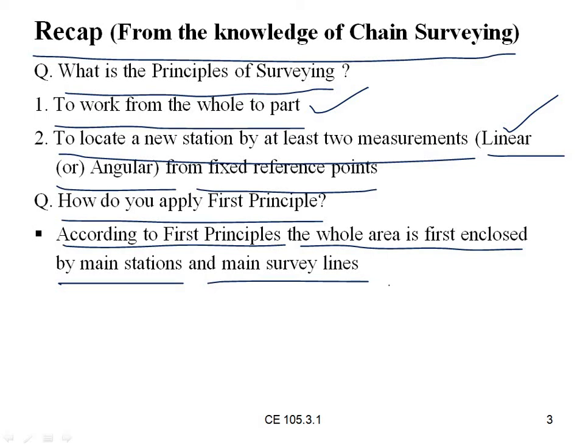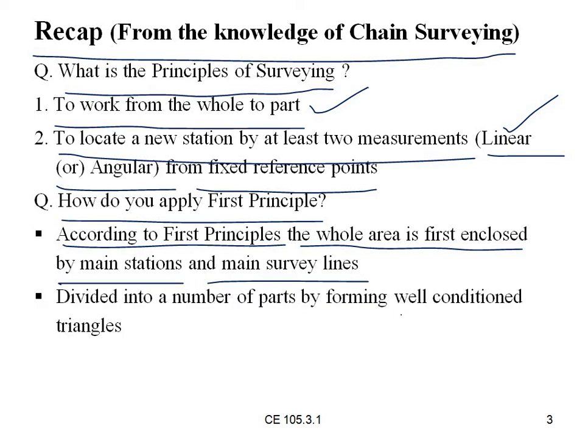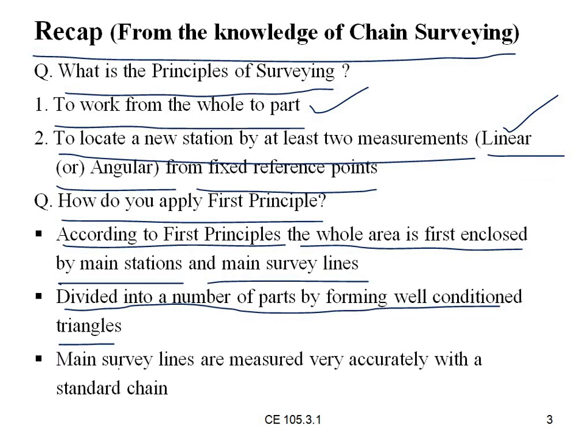We calculate the area of each part, then add them so that the total of the parts is equal to the total area. That is the principle of chain surveying, dividing into a number of parts by forming well-conditioned triangles. Main survey lines are measured very accurately with a standard chain or a standard tape. This we have seen in our previous classes.